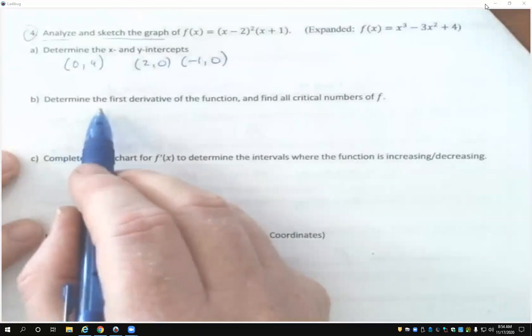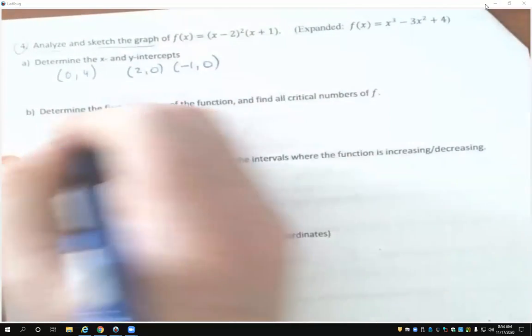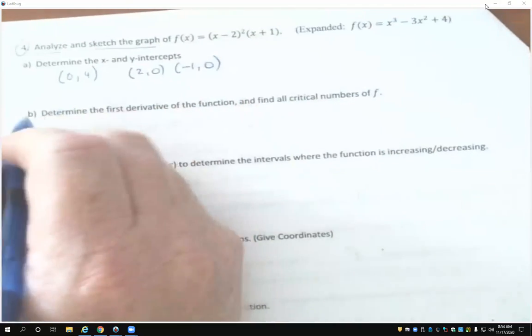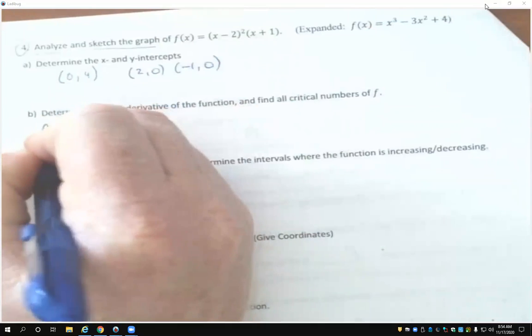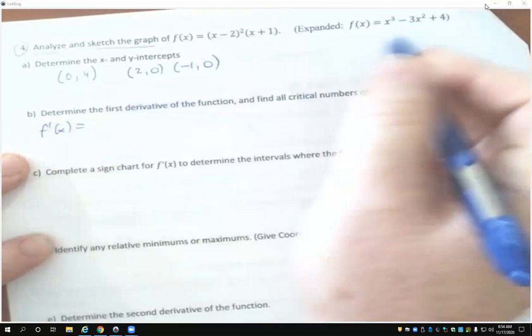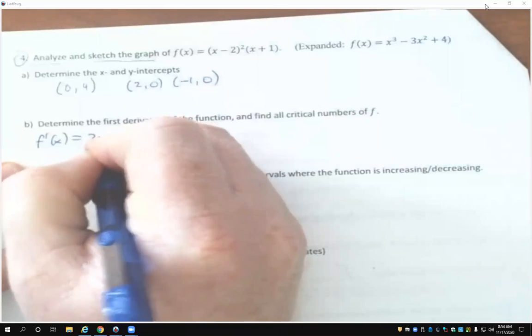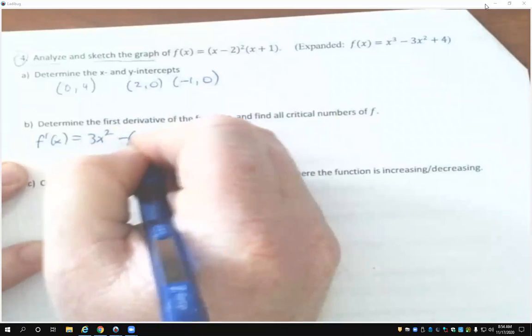Question B says determine the first derivative and find the critical numbers. So the first derivative, we're going to do that out of expanded form. There's no point in doing some sort of product rule here, and that would be a chain rule. It's so much easier when you have a polynomial in expanded form. The derivative of x cubed is 3x squared. The derivative of -3x squared is -6x.